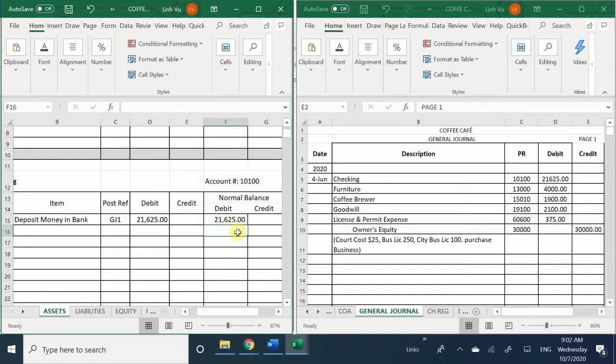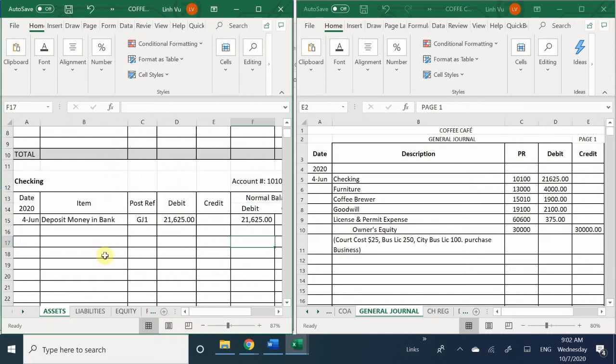You want to make sure that you are in the correct column as well. I increased my number by a debit, so my positive amount, which is my normal balance, should be a debit balance. And I'll show you how to do the actual running balance when we deal with our checking account again later, further on in the section. So that was the checking account.